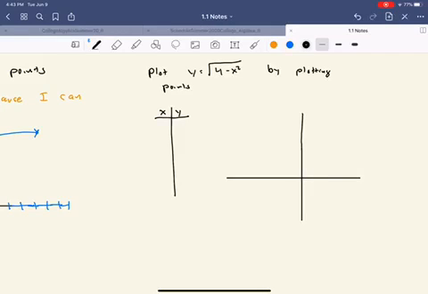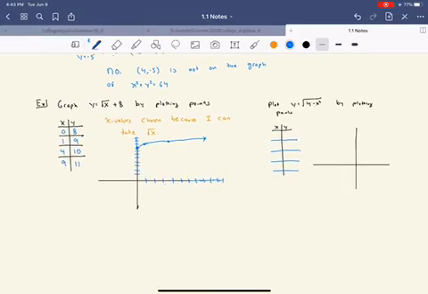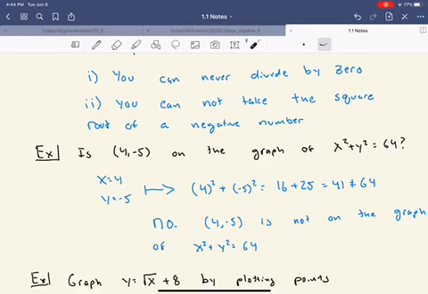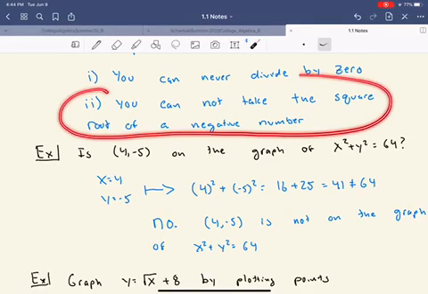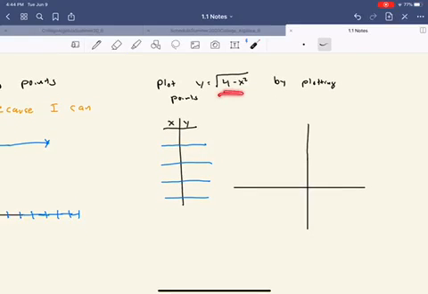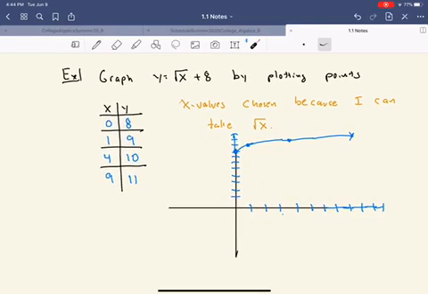Now I'm going to pick x values that make sense here. Remember, I am not allowed to take the square root of a negative number. Okay, let's look back up to that rule. I am not allowed to take the square root of a negative number. So that means that I have to pick x values to avoid that negative number. I did that here as well. I didn't pick negative 4 or anything.